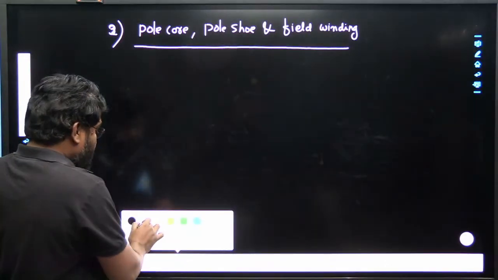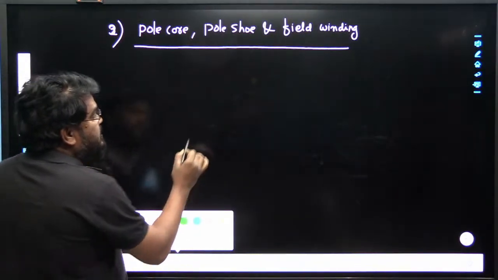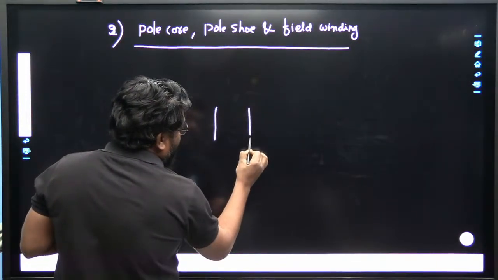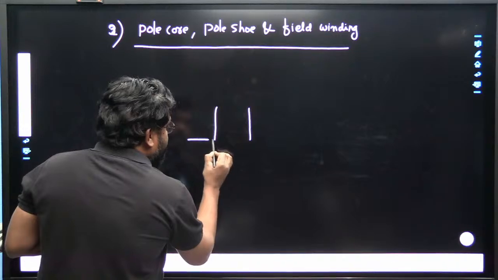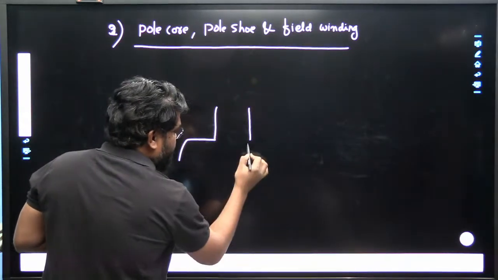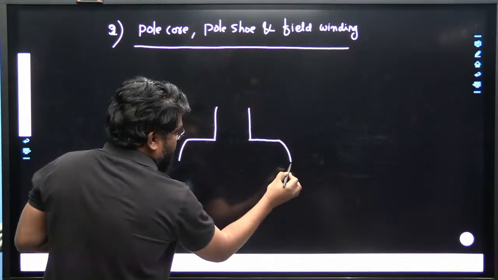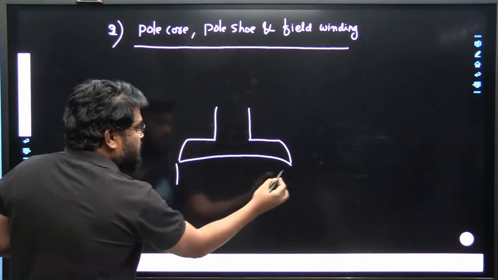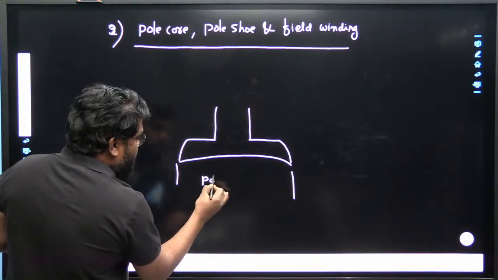See here, all of you. So where exactly do they occur here? This is one pole, the north pole, that we have taken. This is called the pole arc.